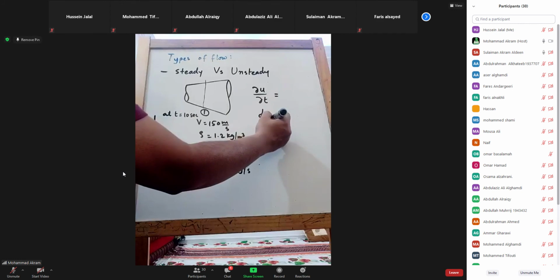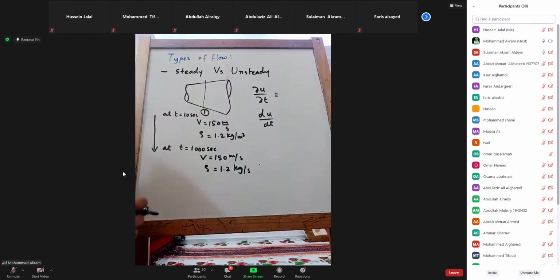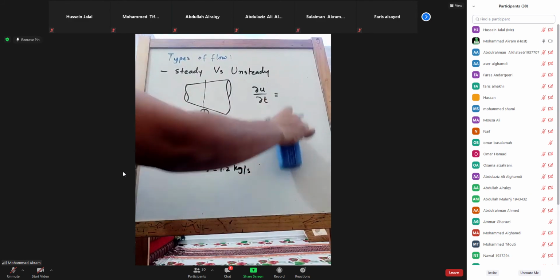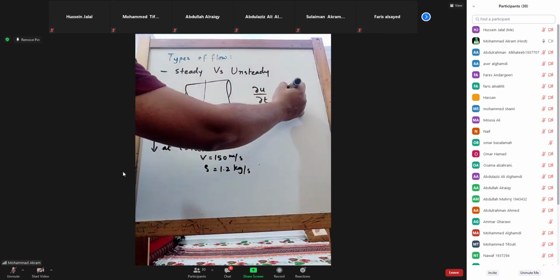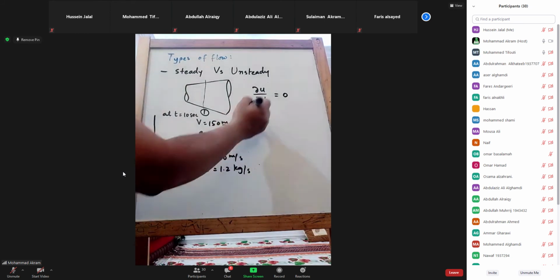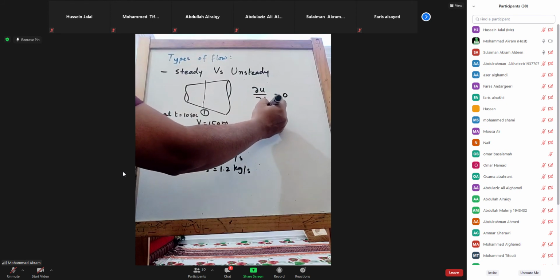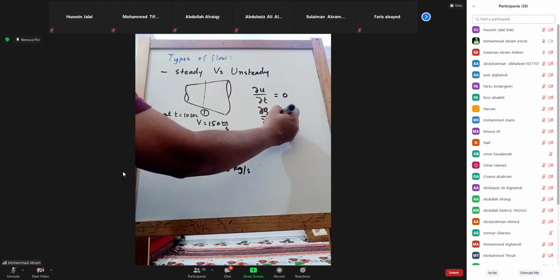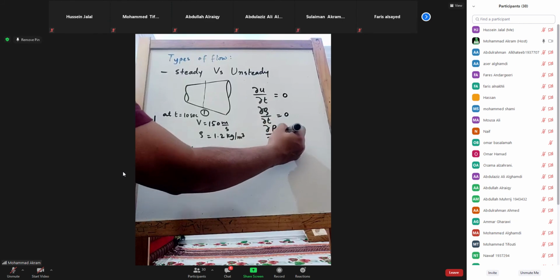Yes, this is a partial derivative, because we have multiple parameters, not one variable. So in that case, we use partial derivative. So dou u by dou t should be equal to 0, meaning u is not changing with time. Dou rho by dou t equals 0, or dou p by dou t equals 0.